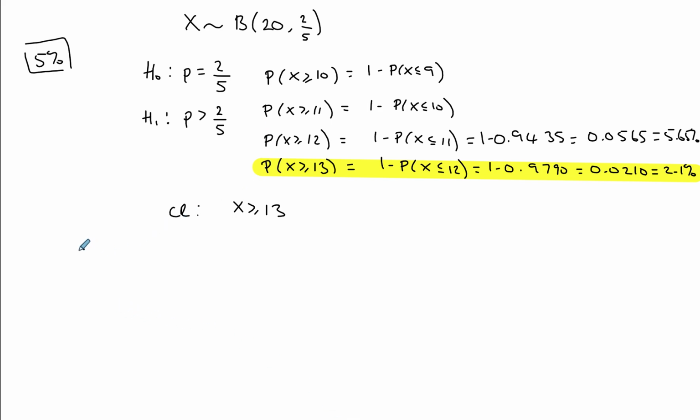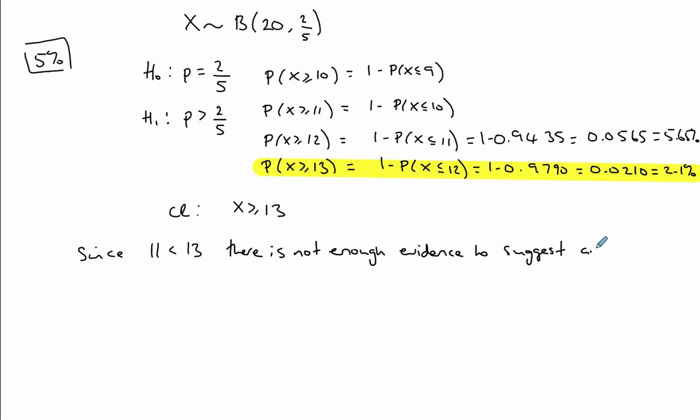So since 11 is less than 13, there is not enough evidence to suggest an improvement in the new drug being successful or more successful.